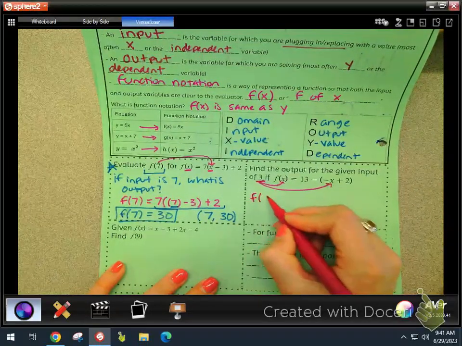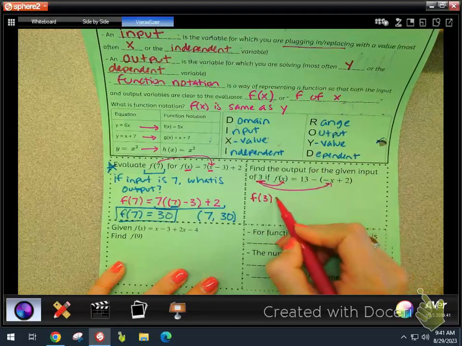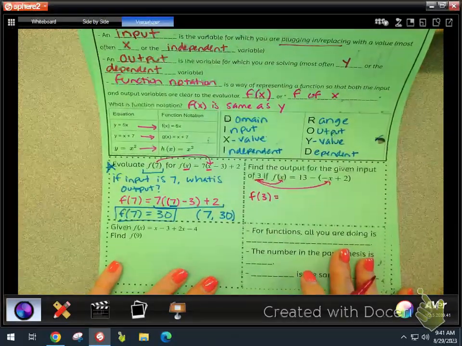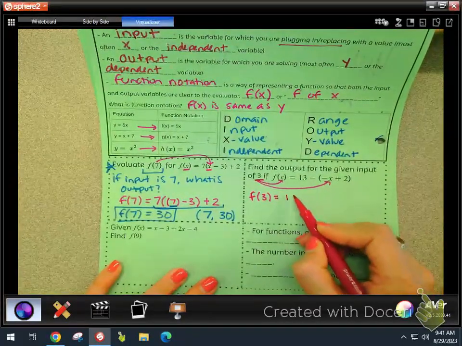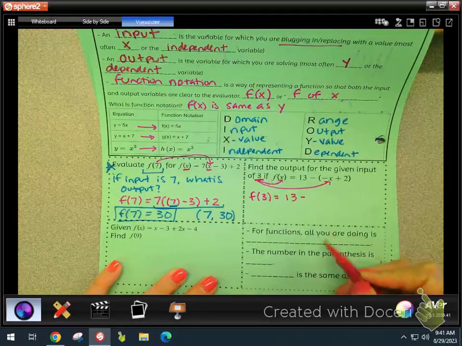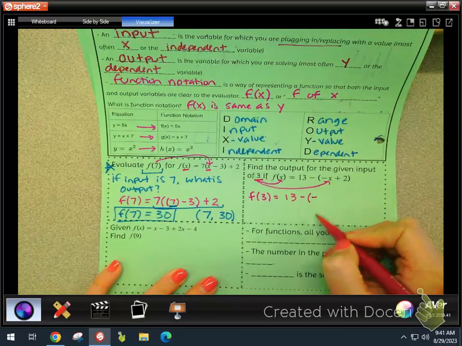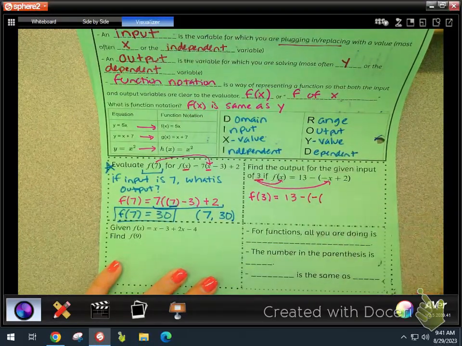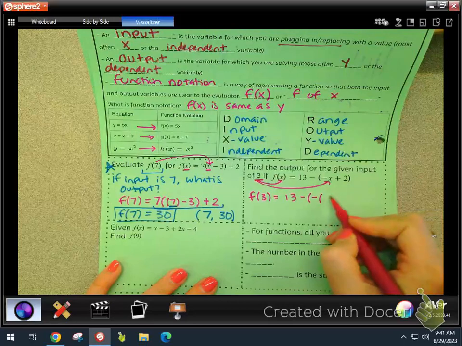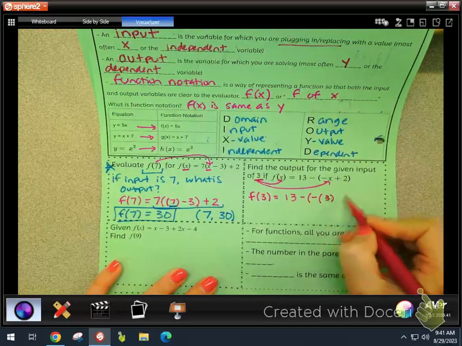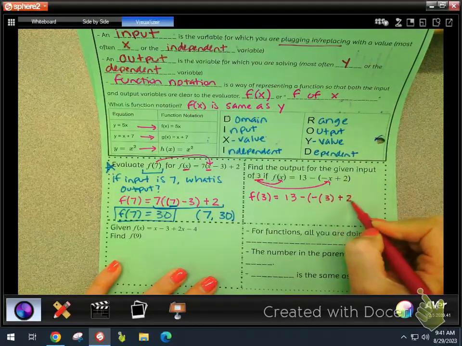So f of 3, we have to be careful with parentheses here because of the way this is written down. 13 minus, open parentheses, negative, open parentheses again. And what are we putting in for x? 3. Close, plus 2.